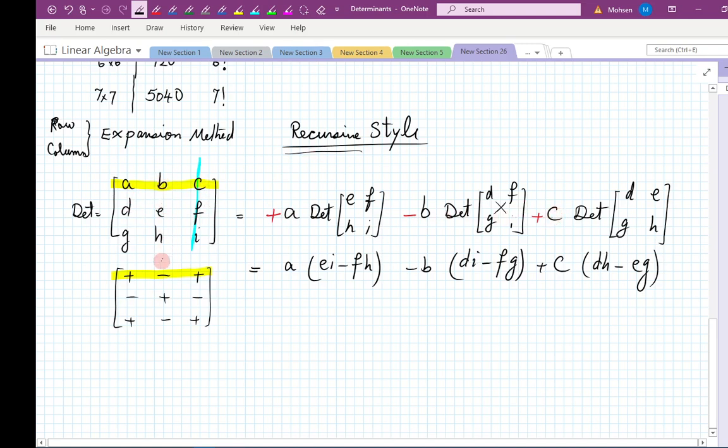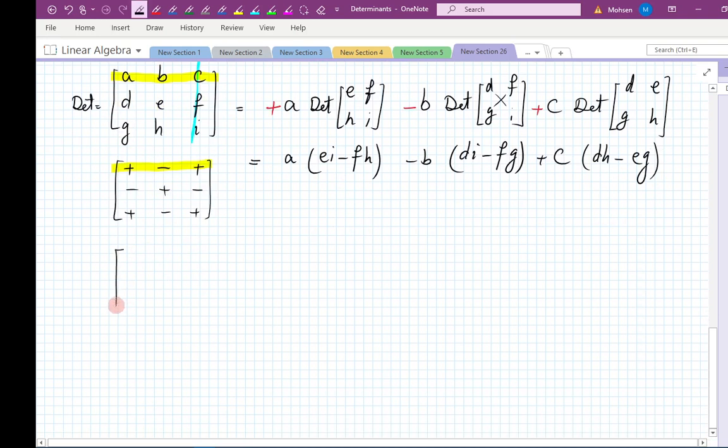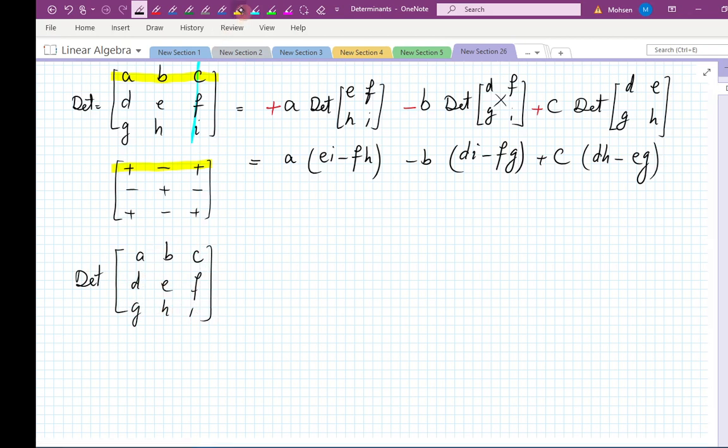But I could have picked, so to repeat this thing again, suppose I want to calculate the exact same thing, A, B, C, D, E, F, G, H, I. Now, let's suppose the one that we eliminate at all stages is going to be the middle column.